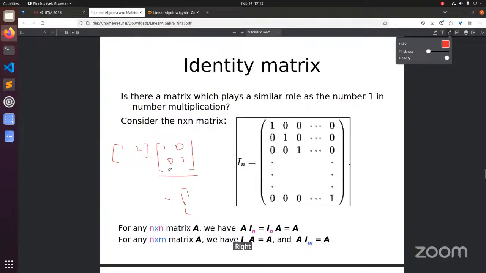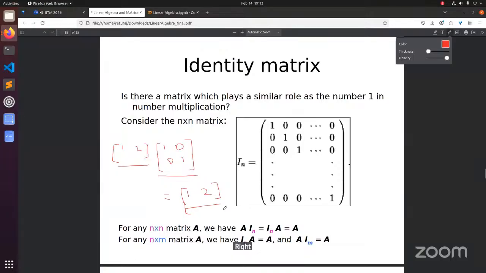The second element, what should I write here? 2. And do I have to write anything else? No, sir, the result is a 1 cross 2 matrix. So you can see that this matrix remained the same.